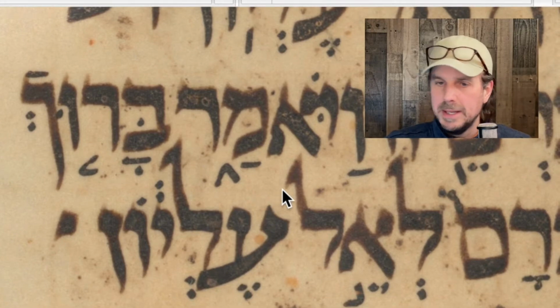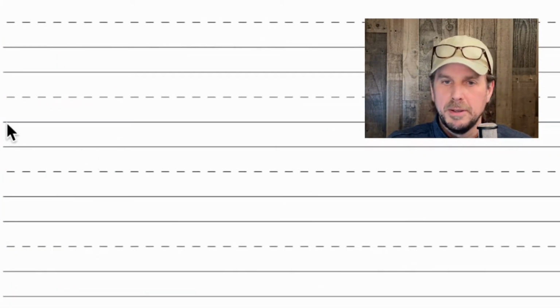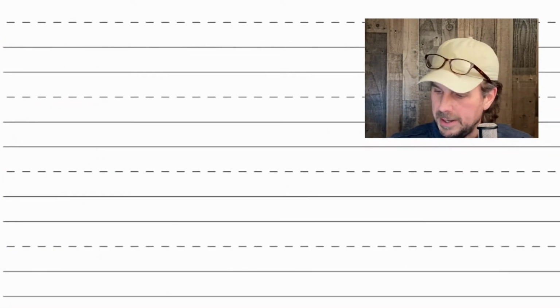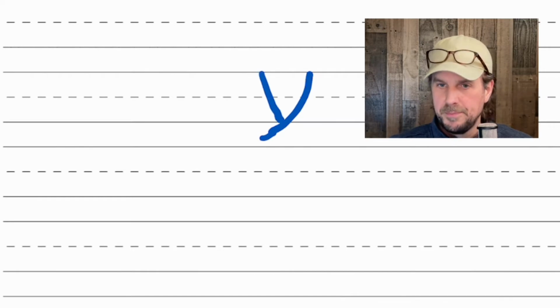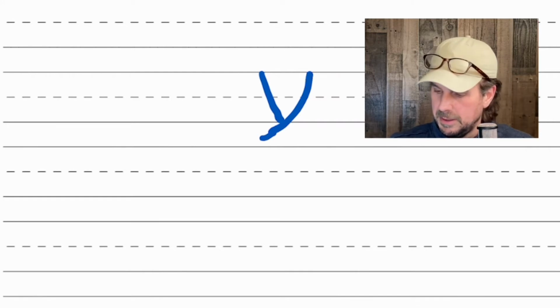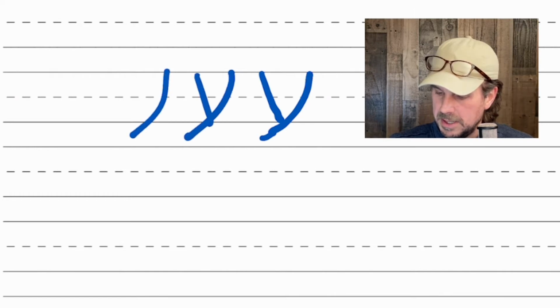And how we write it, it's going to be very similar to the letter Y. We're going to start at the upper part of the letter, the upper right, go down to the left, and then put a little line on the left coming down slightly to the right.